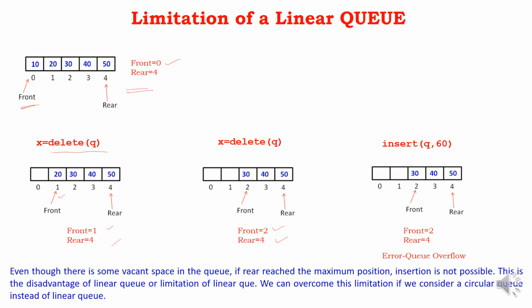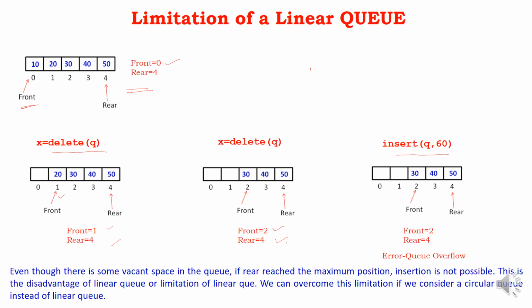Now attempt to insert an element. Insert q comma 60. The insert function tries to insert an element into the queue at the rear end. Every time you try to insert, the element is inserted at the rear end. Now at this position, front is 2, rear is 4, and you are attempting to insert an element.